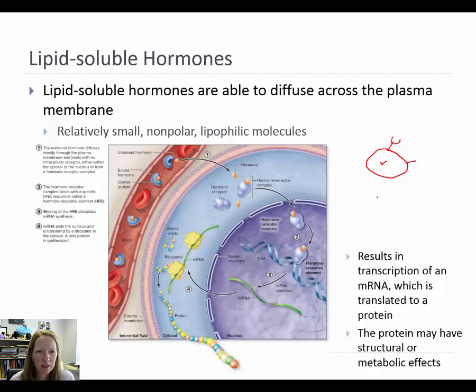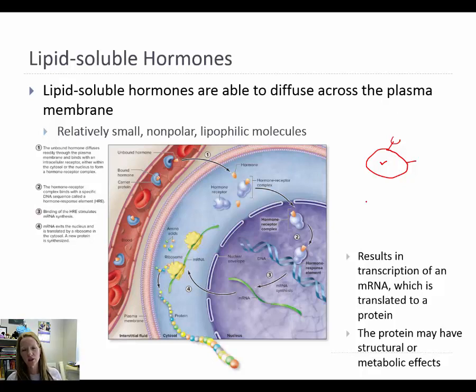It goes through and binds on the inside. If it binds to a receptor in the cytoplasm, it goes and sneaks through into the nucleus, and then it binds to the DNA that way. What happens is there's a change in transcription and translation, which means it makes more protein.